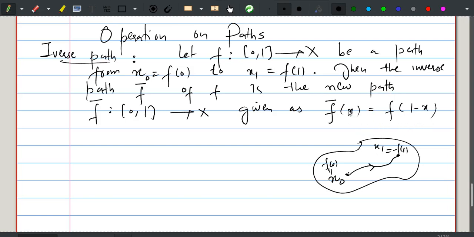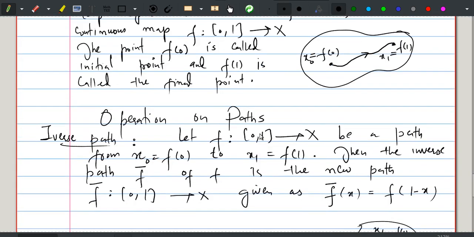So f bar of 0 is f of 1 and f bar of 1 is f of 0. So this new path will be the same path but in the opposite direction. So this is f bar, this is f.